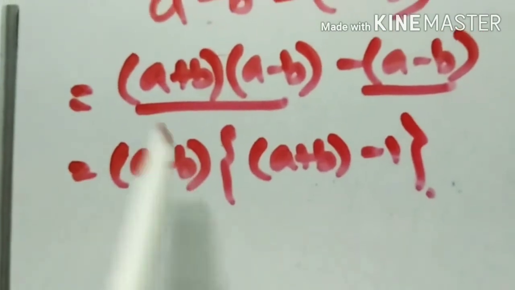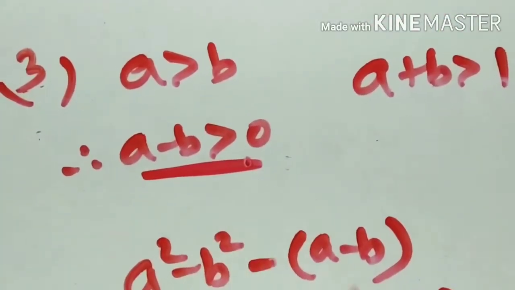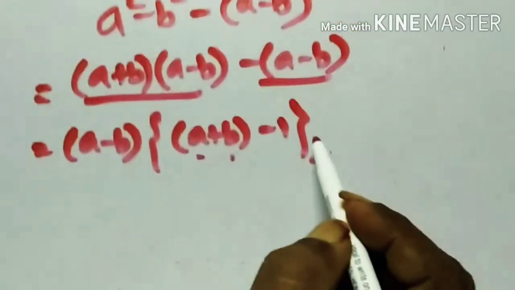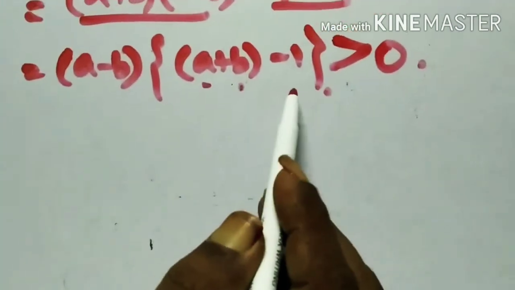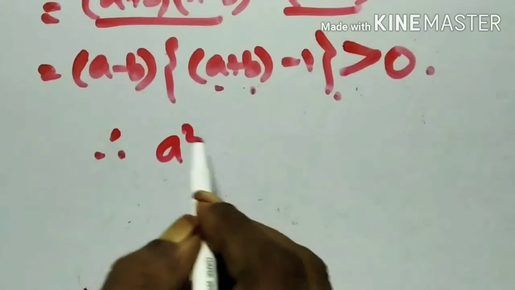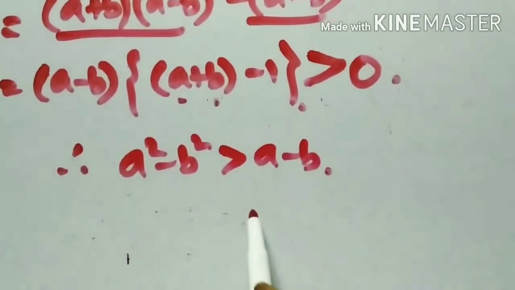Now you see that a minus b is greater than 0, and a plus b is greater than 1, so I can easily say that this is greater than 0. Therefore I can conclude that a square minus b square is greater than a minus b. This is proved.